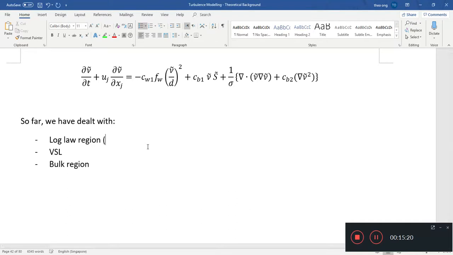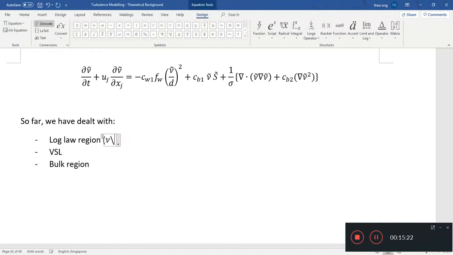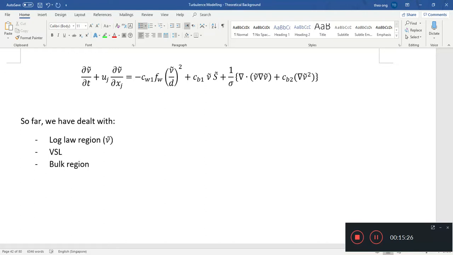The viscous sublayer is the nu tilde region. The log law region is correct by itself already, with FW. So that helps it with the log law region.